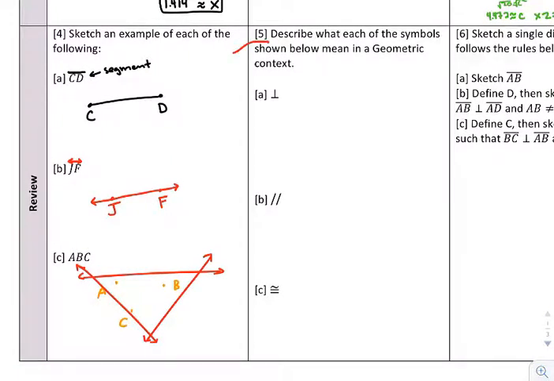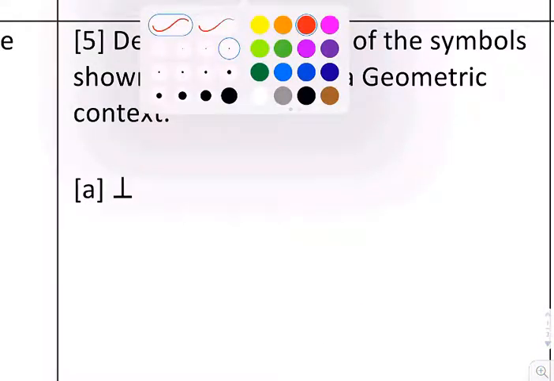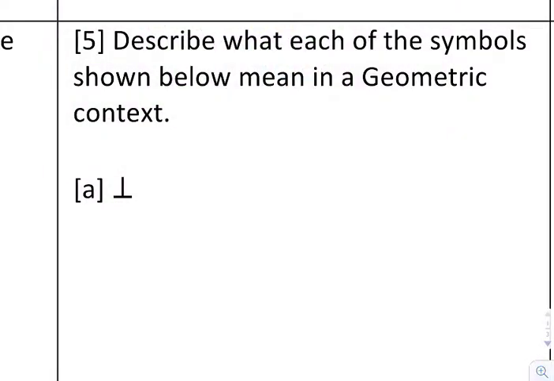Okay? This one I'm not going to write out, but I'll write the answer, but I might provide a little sketch as a way to kind of explain the concepts here. So this first one, and this really just has to be sight recognition for us guys at some point. This right here is a perpendicular sign.